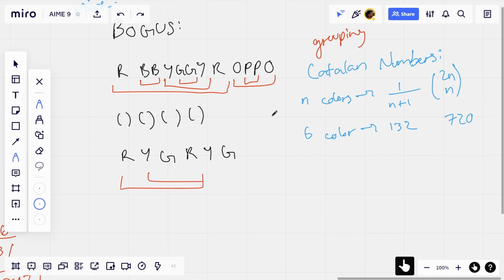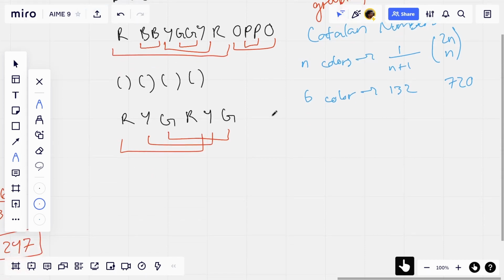However, they certainly intersect my groupings. So in this case, something like this would be the equivalent of having parentheses that look like this. Actually, this is a correct example, but the parentheses are not. They are intersecting each other in a way that doesn't exactly make sense.